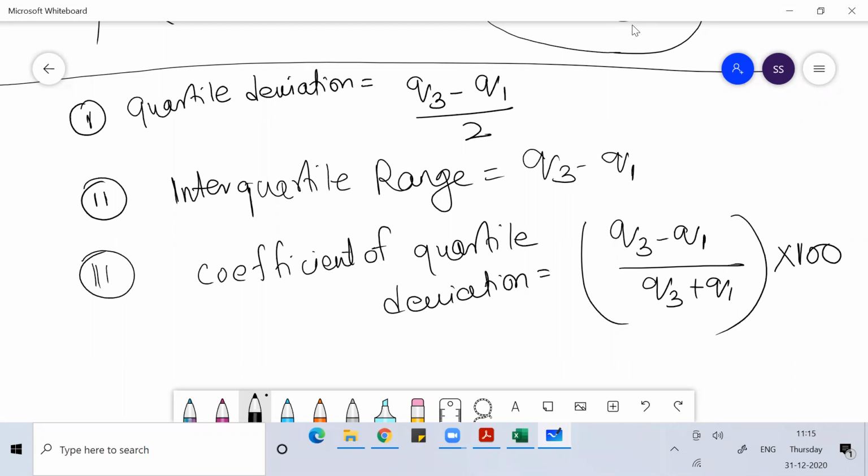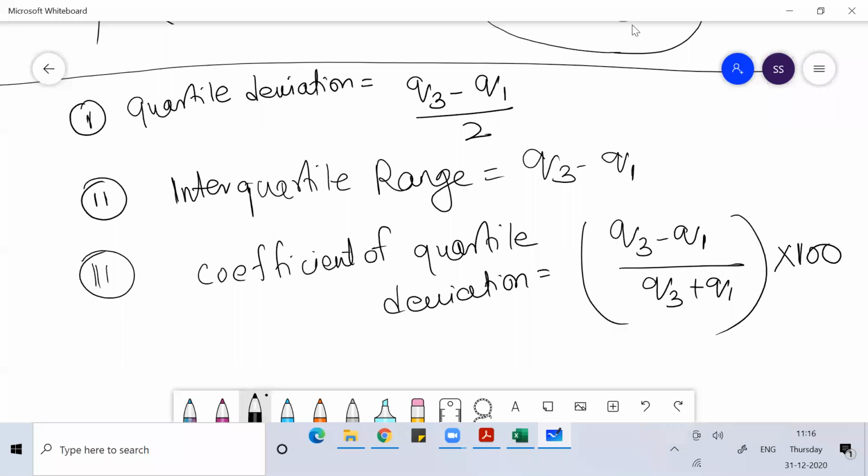Okay, everyone. Is this clear, everyone? Anyone have any doubt? In quartiles, we only focus on two quartiles, lower quartile and upper quartile. Q1 means the lower quartile, Q3 means the upper quartile. Q1 talks about where the 25% of data lies, and Q3 talks about where the 75% of your data lies.